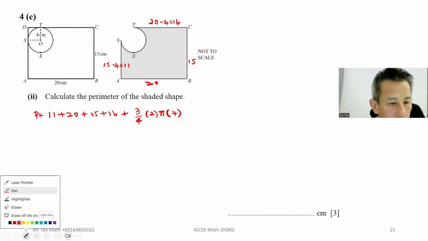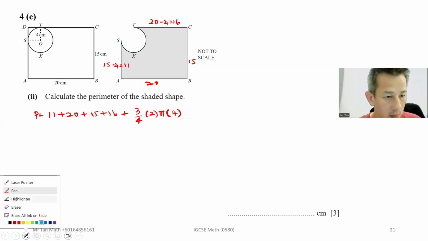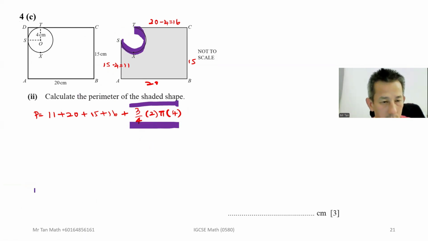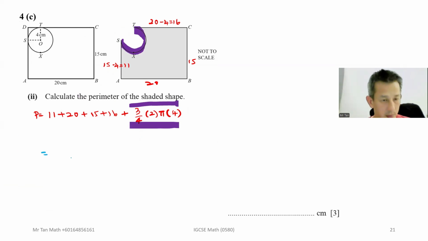This part is 3/4. So you calculate. You should get 80.85.